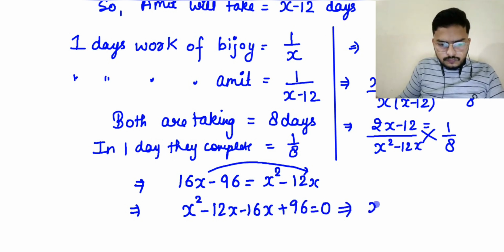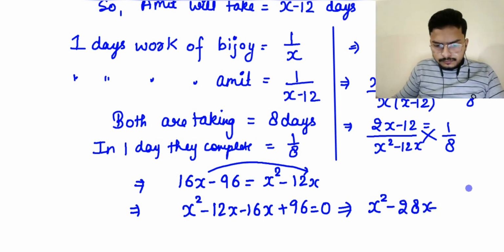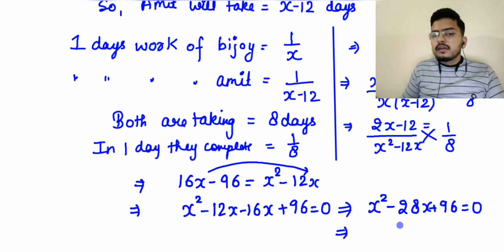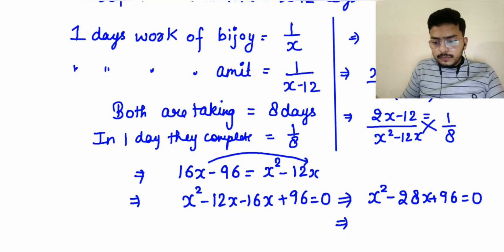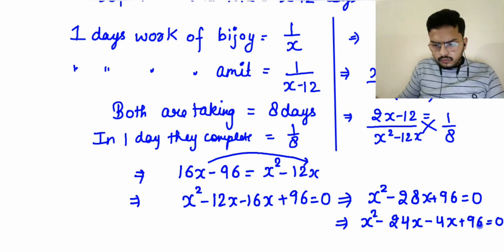So this equation becomes x square minus 28x plus 96 equals 0. From here you can clearly solve this quadratic equation by splitting the middle term. That is easy: 24 and 4. You all know how to split the terms now.